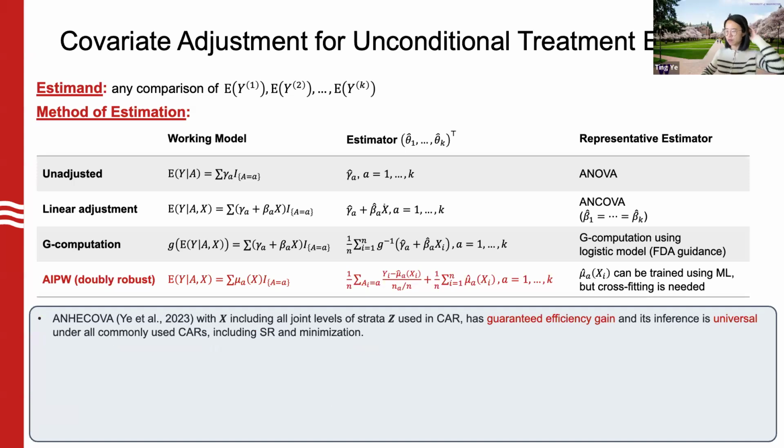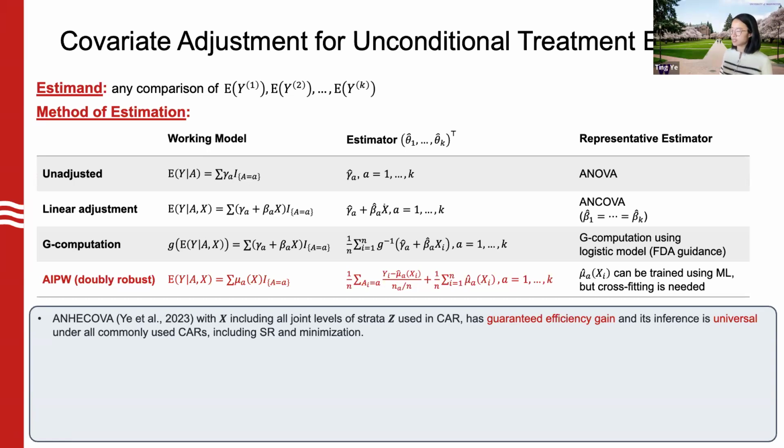And I just have a couple of notes about the efficiency. I already mentioned that if we do ANCOVA, which is the linear model that includes treatment by covariate interaction, and furthermore, if we do covariate-adaptive randomization, then if we include the stratification factor that we use in covariate-adaptive randomization in the adjustment of the linear model, then this approach has guaranteed efficiency gain, and its inference is also universal under all commonly used covariate-adaptive randomizations.